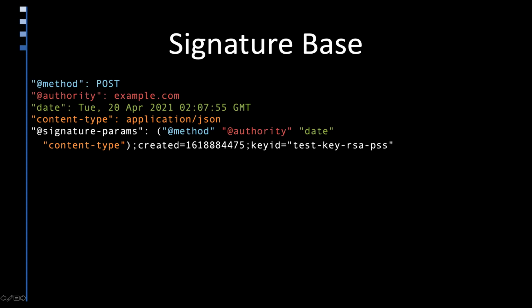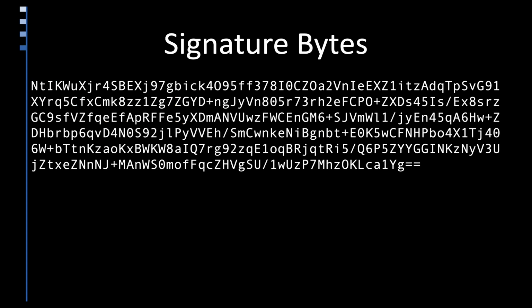We have a timestamp for when things are created. That's an epoch timestamp. And then we have a key identifier, right? This may or may not be a JWK key ID. It could just be a CN into a certificate if you want. The signature spec doesn't actually care, as long as you can interpret what that key means.